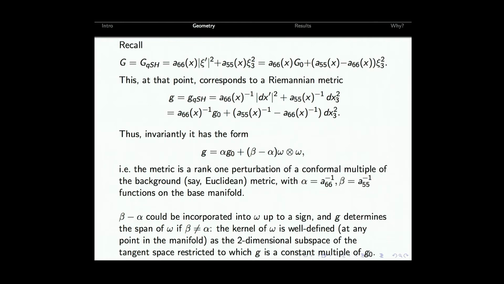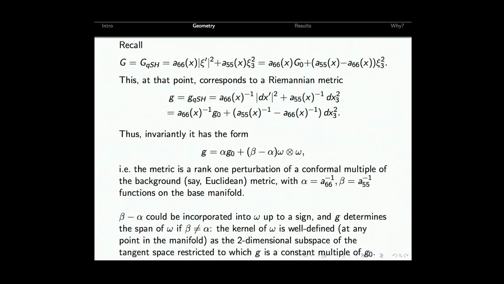You can just write down what it is. And it turns out that a nice way of thinking about this, sort of invariantly, is that you have a metric that's a multiple of the Euclidean metric plus some other multiple of this one-form, given the direction, tensor with itself. Okay. And one thing that's useful to keep in mind is that this one-form is a linear functional on vectors.